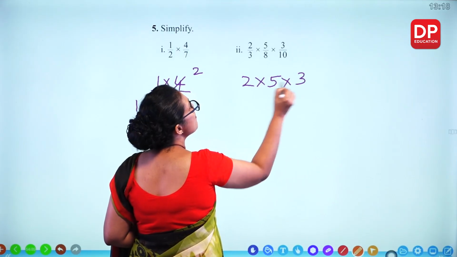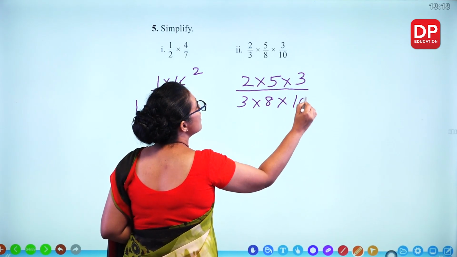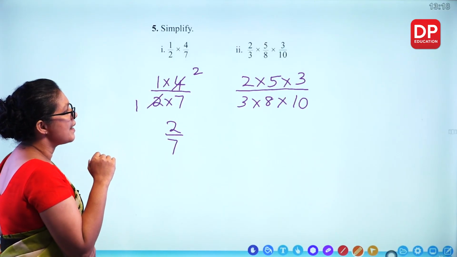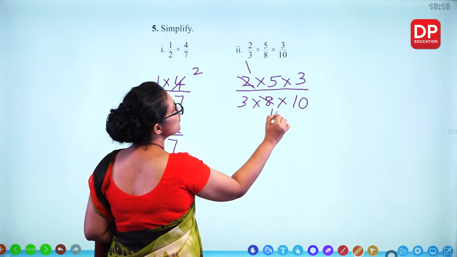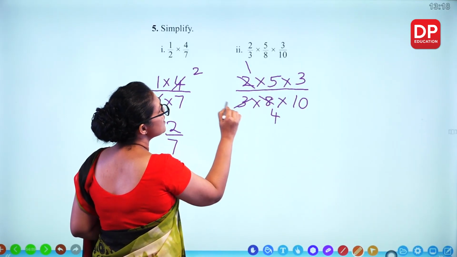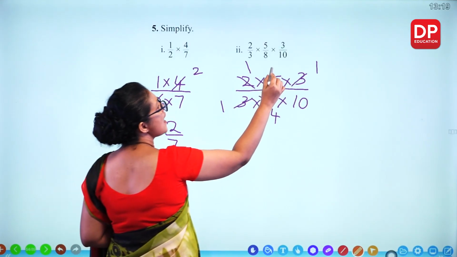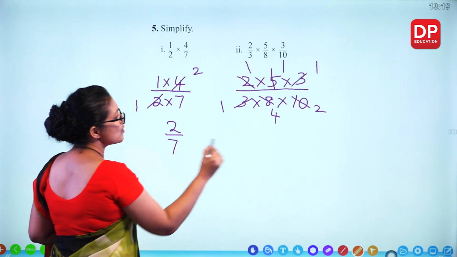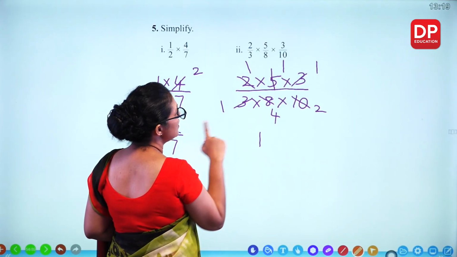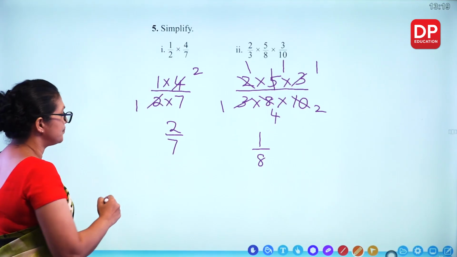Multiply the numerator separately and denominator separately. Simplify. 2 times 1, 2 times 4. 3 times 1 and 3 times 1. 5 times 1, 5 times 2. Now you get 1 in the numerator. 4 times 2, that's 8.